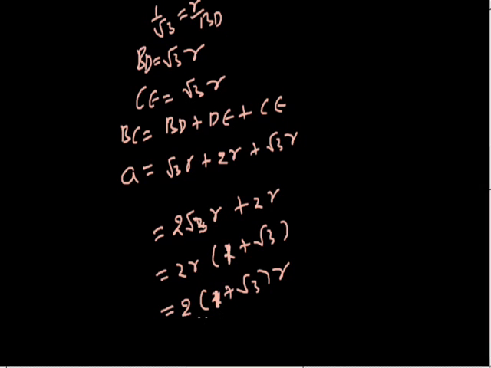So according to the options, 2 into (1 plus root 3) R is correct, which is given in option number 1. So option 1 is correct.